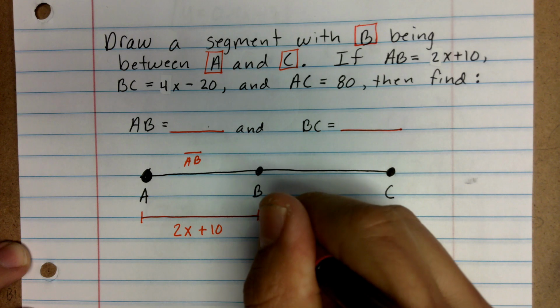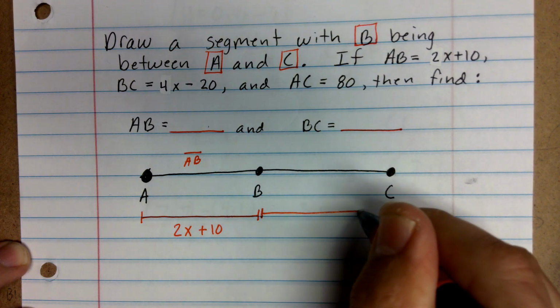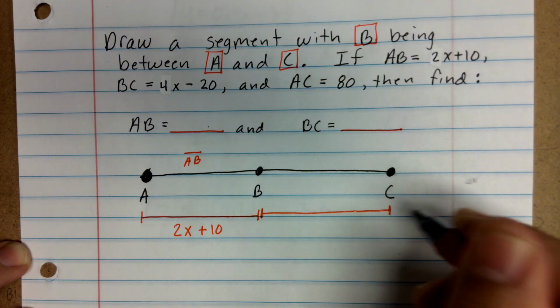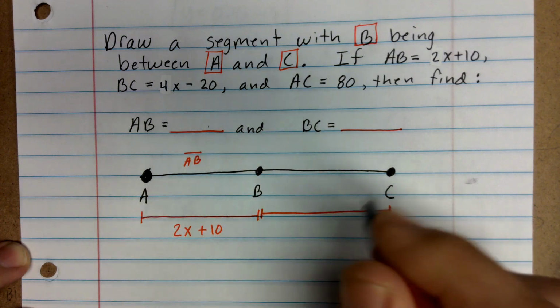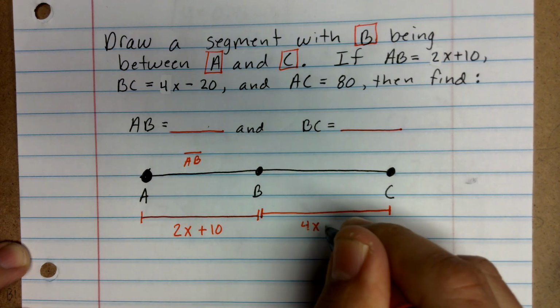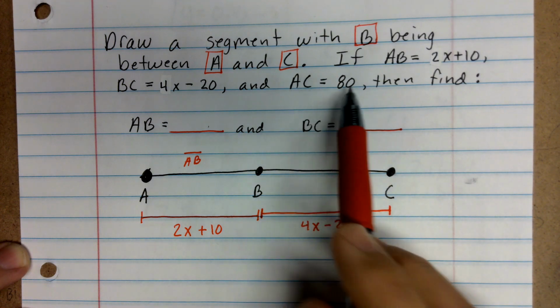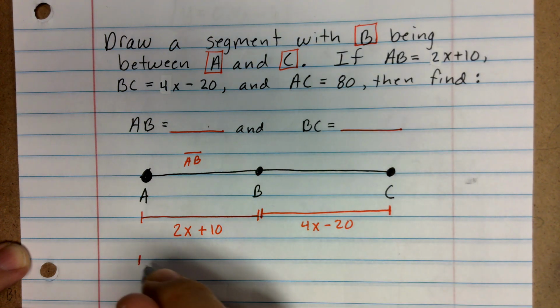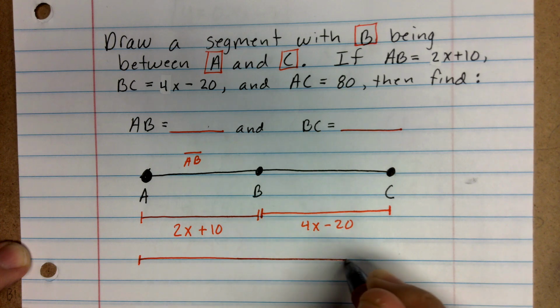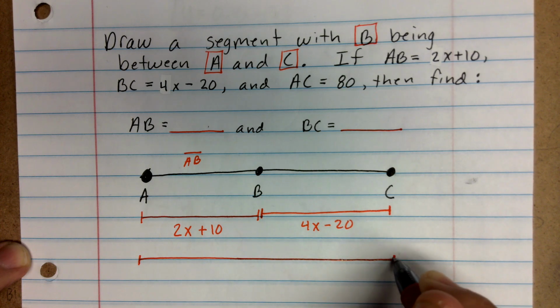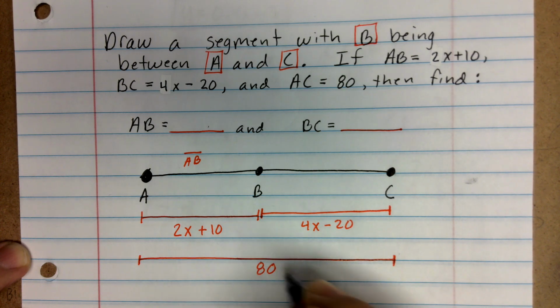So if I go from B over to C, it is going to be 4x minus 20. And then they tell us that A to C is 80. So if I go from A all the way over to C, that is equal to 80.